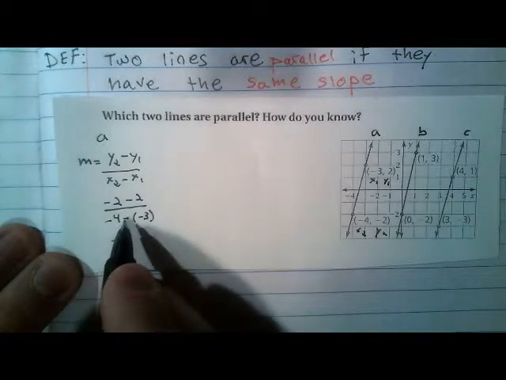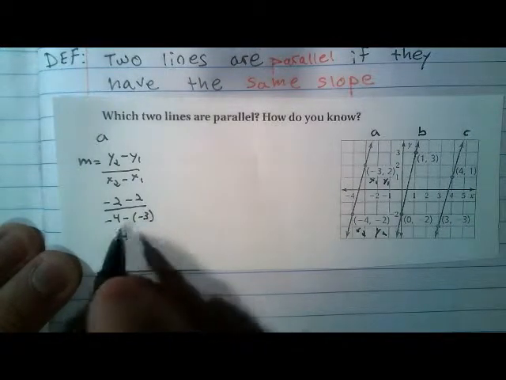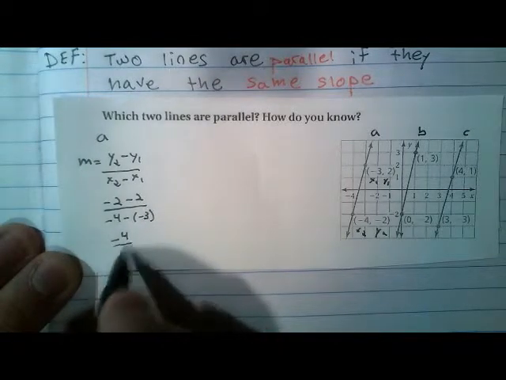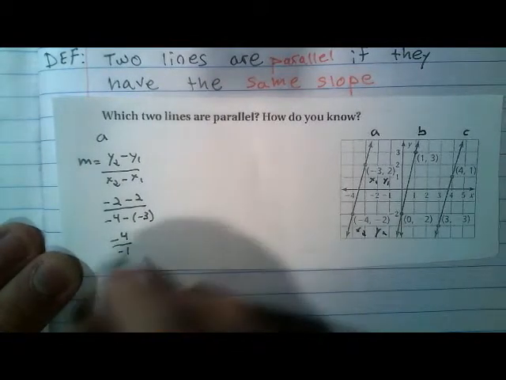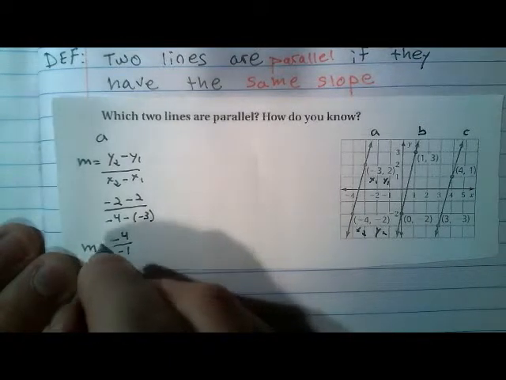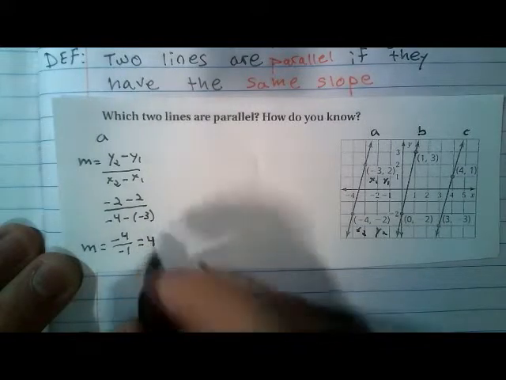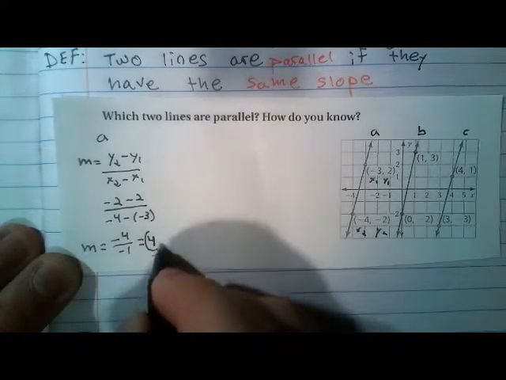Negative 4 minus negative 3 is negative 4 plus 3, which is negative 1, which means that the slope for line A is a positive 4.